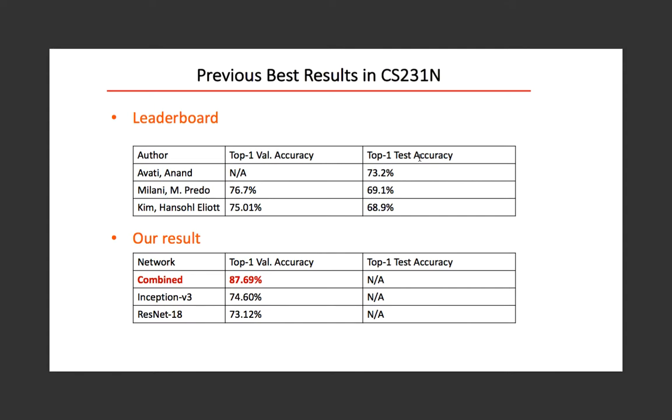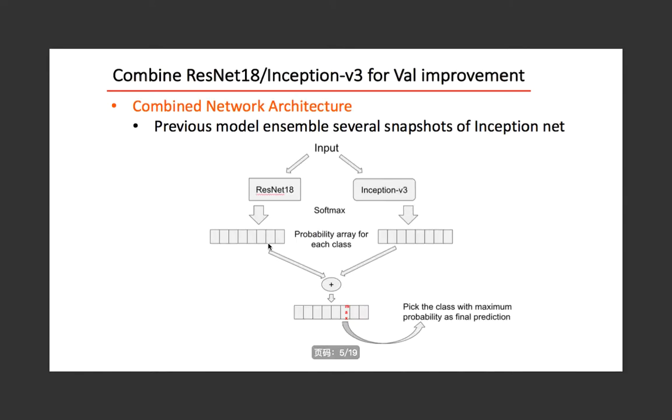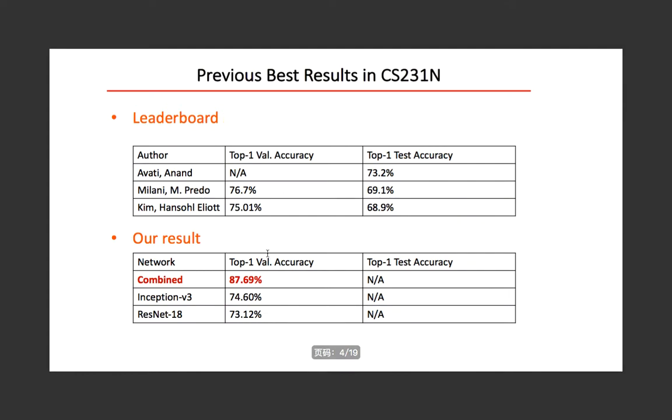But since we're not Stanford University students, we cannot do that. So all the comparisons in this project will be based on validation accuracy. Also, we should notice that this 87% of validation accuracy exceeded the previous results by a big amount.